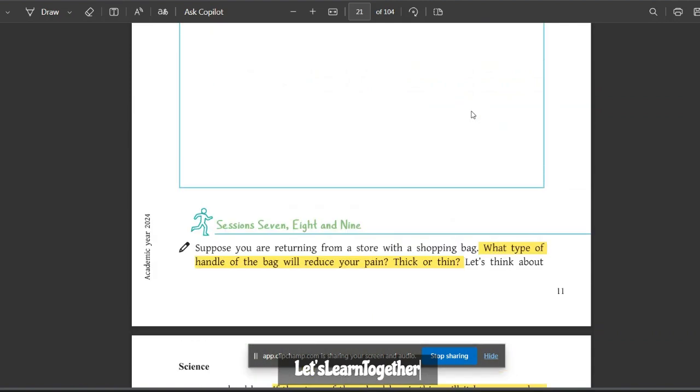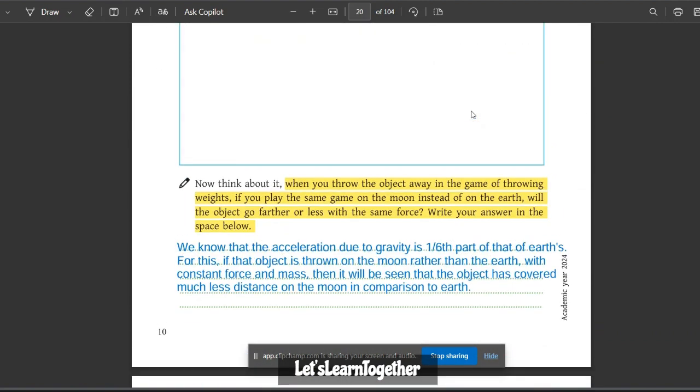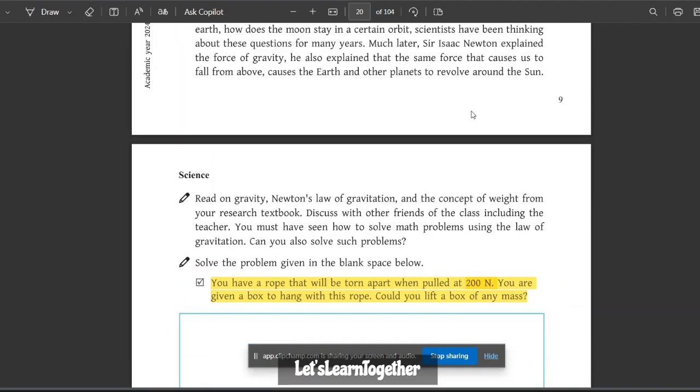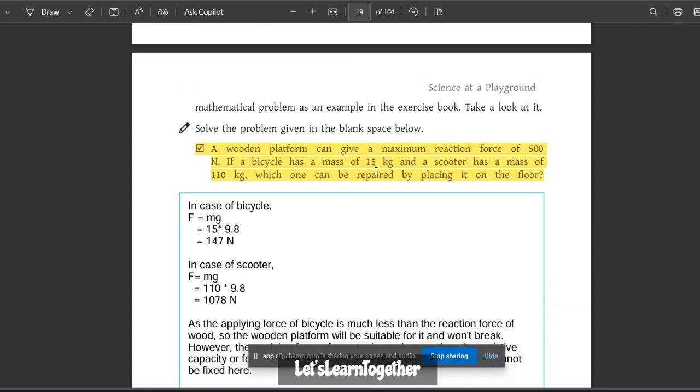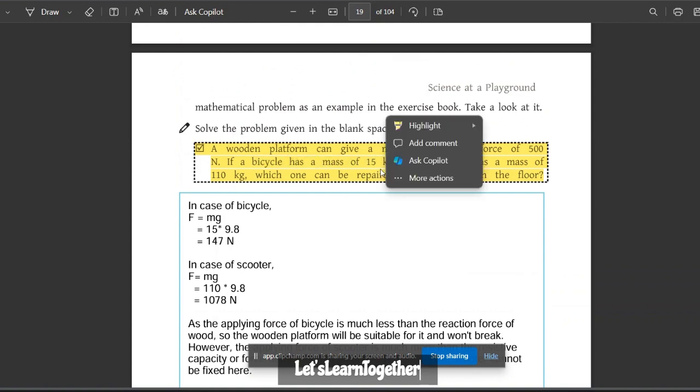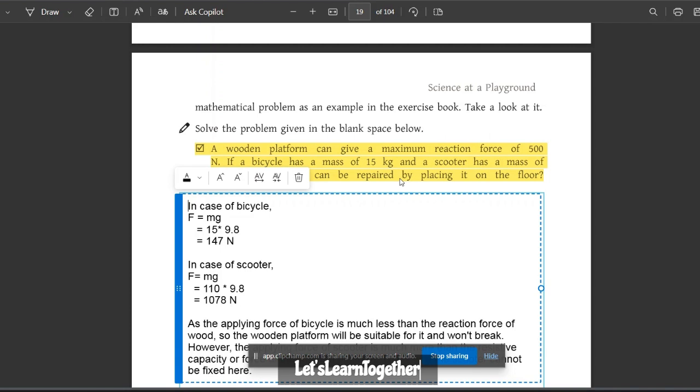From one of the previous examples, we saw that one question was about a scooter and a bicycle. Yes, this is the one. From here we have to take some data for that question.